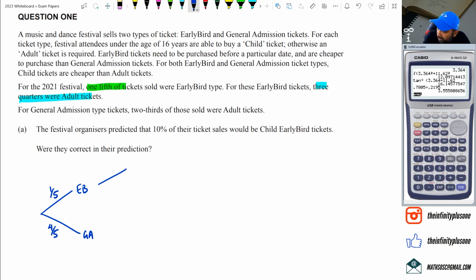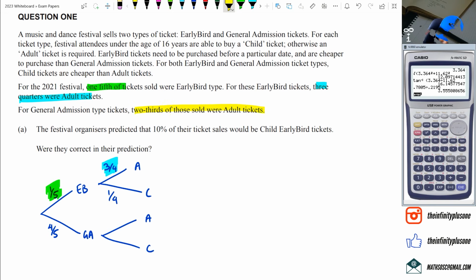So from here I can go into adult, which is going to be 3/4, and then I've got a quarter that's going to be children. Once again, for the general admission, 2/3 were adult tickets. So this is going to be 2/3, and this is going to be 1/3.